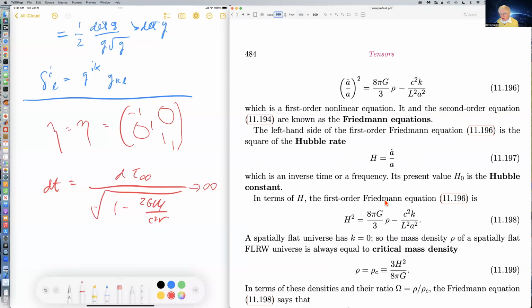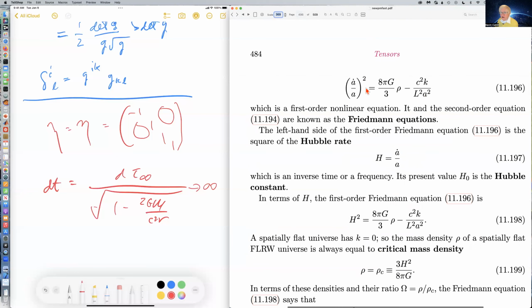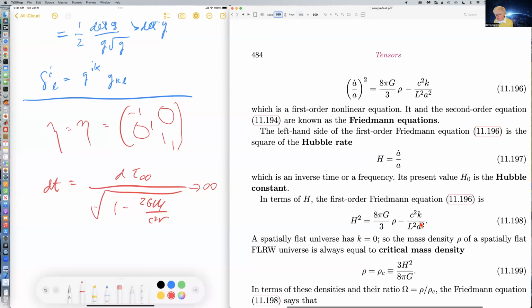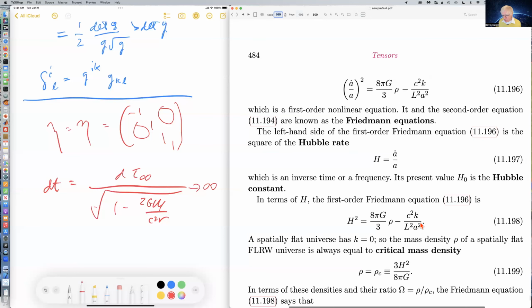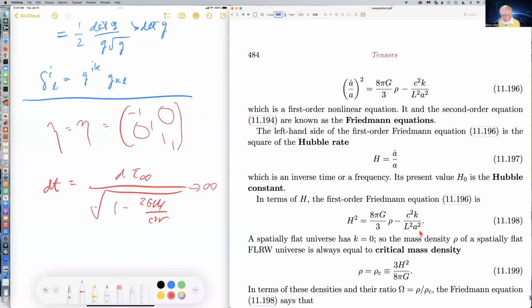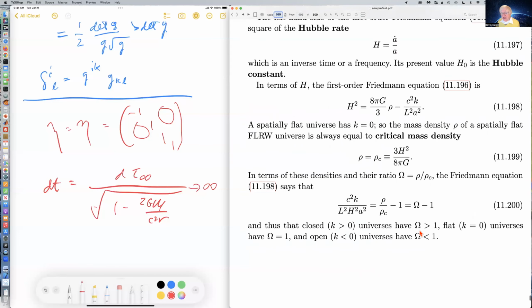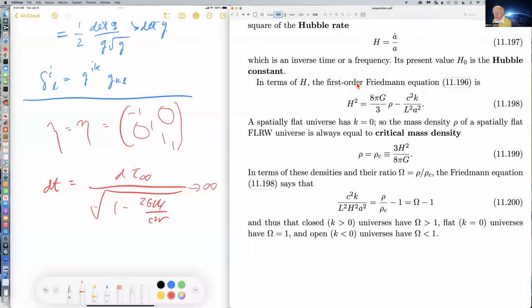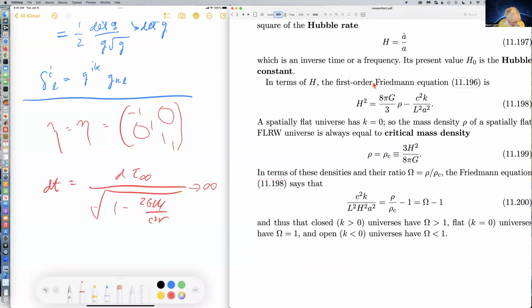Notice if k equals 0, we have something quite simple: A dot squared is just the mass density apart from an overall constant, or the Hubble rate squared is the mass density apart from Newton's constant. And even when you put in the curvature term, it's not that big a deal to change, although there is an A squared here, so it's not trivial. Anyway, we'll come back to that on Tuesday.